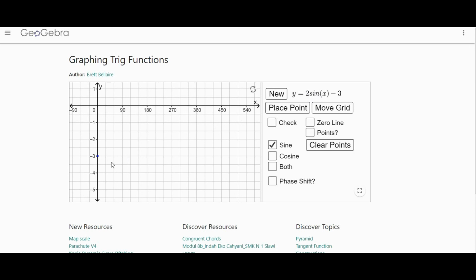Well, my amplitude is 2, so from there going up 1, 2 is a maximum of -1. Over 3 squares, back to the 0 line, over 3 squares down to the minimum. So 1, 2, because that's my amplitude, over 3 squares back to the 0 line.